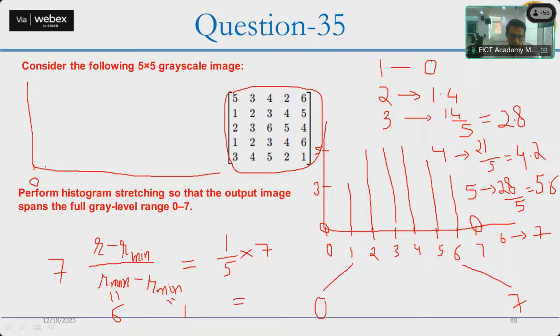Now we want to draw this histogram. So what is the value? 0, 1, 2, 3, 4, 5, 6, 7.